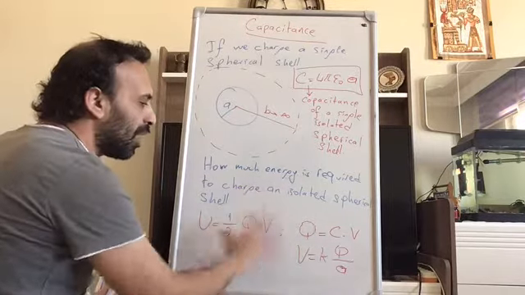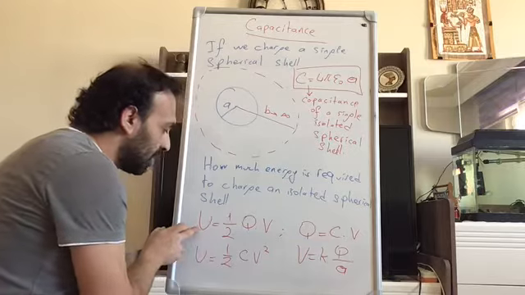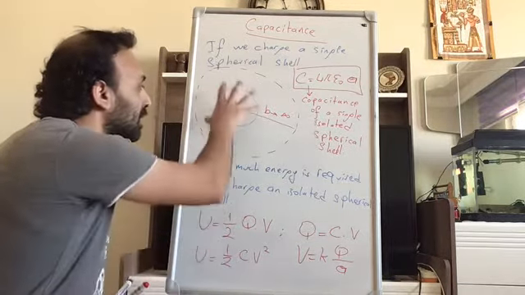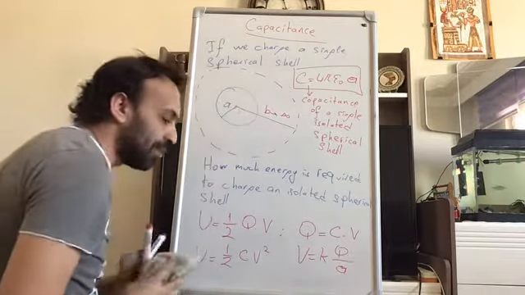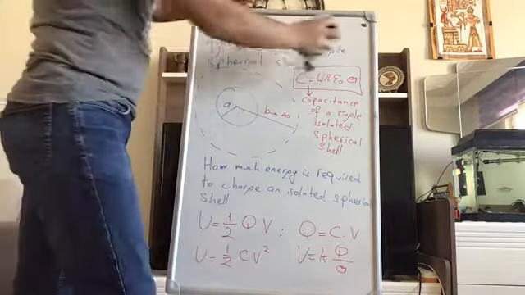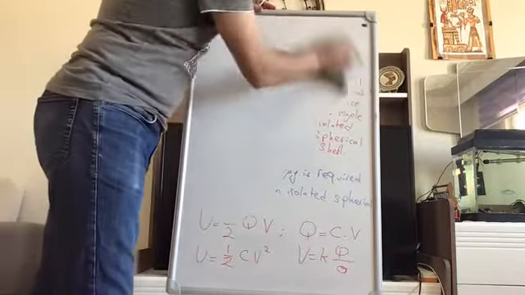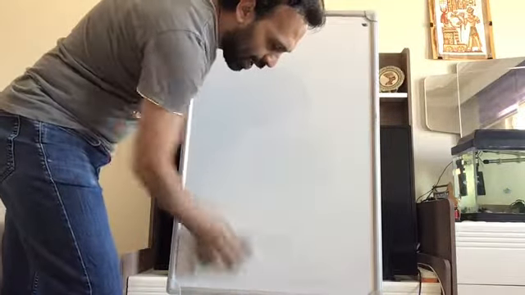You can plug all these things in to calculate the electric energy you need to spend to charge this sphere. This is also equal to how much energy is stored in this capacitor. Okay, so this is a little bit of refreshment and also shows you some interesting facts about capacitors.